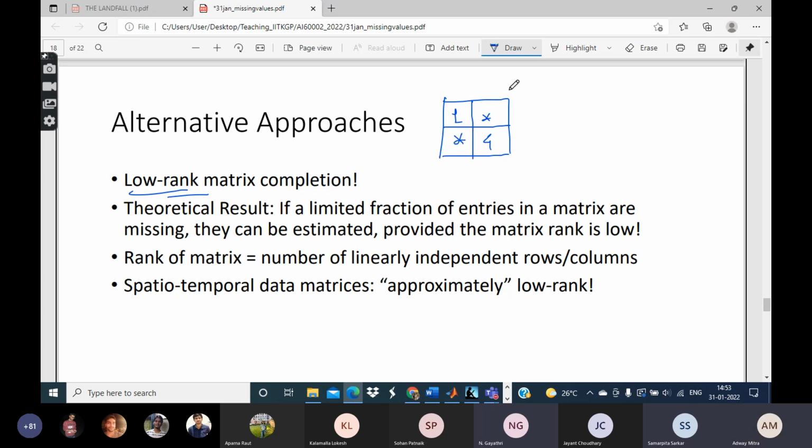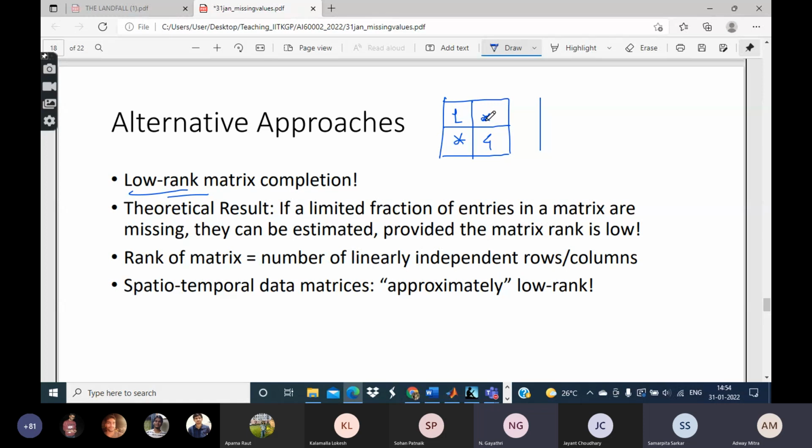Suppose I have given you this matrix and I have asked you to predict these two missing values. Of course, there is no way in which you can make the prediction. Now suppose I reveal one of these two values to you.